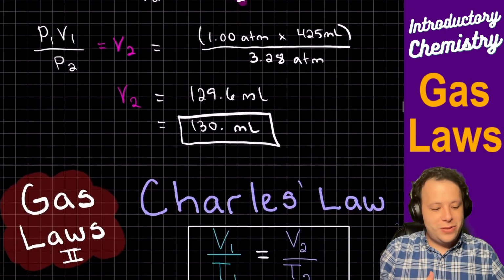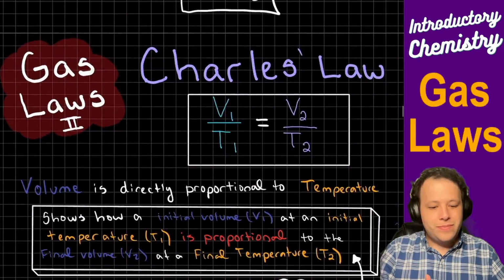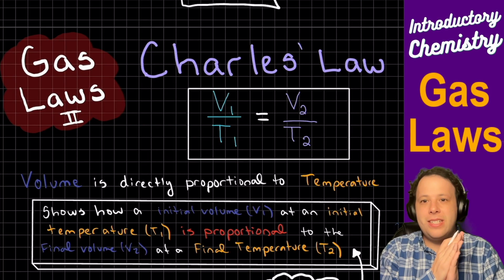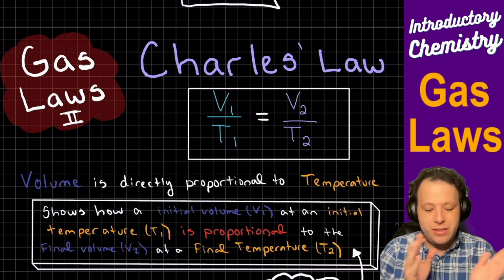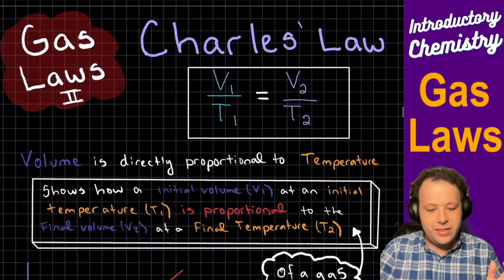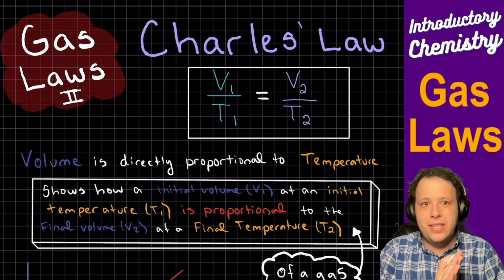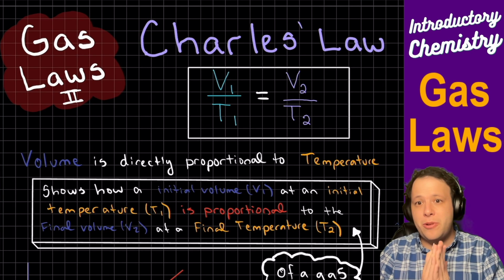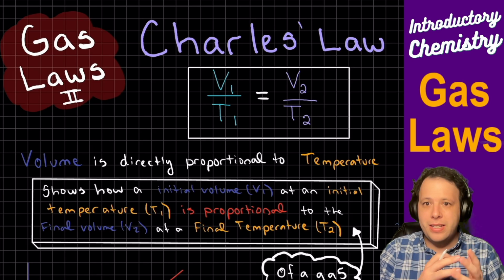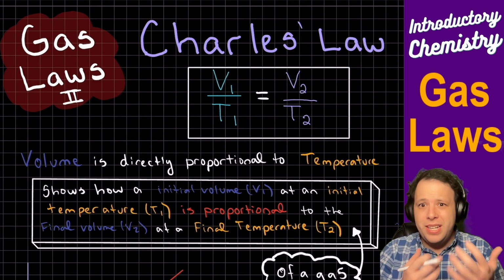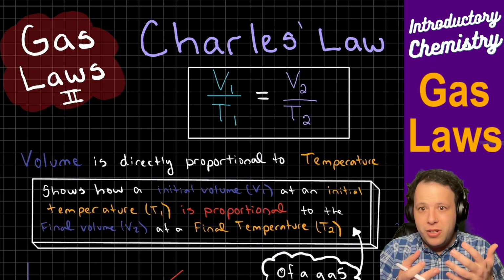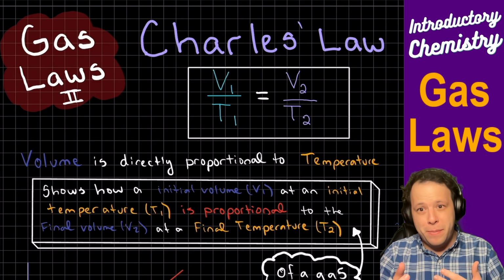Now, for the next one, Charles' Law. Charles' Law is another really common gas law. What this is telling you is that volume is directly proportional to temperature. This could make some sense if you think back to the simulation I showed in my previous problem, where as we increase temperature, particles start to move at a very rapid pace.